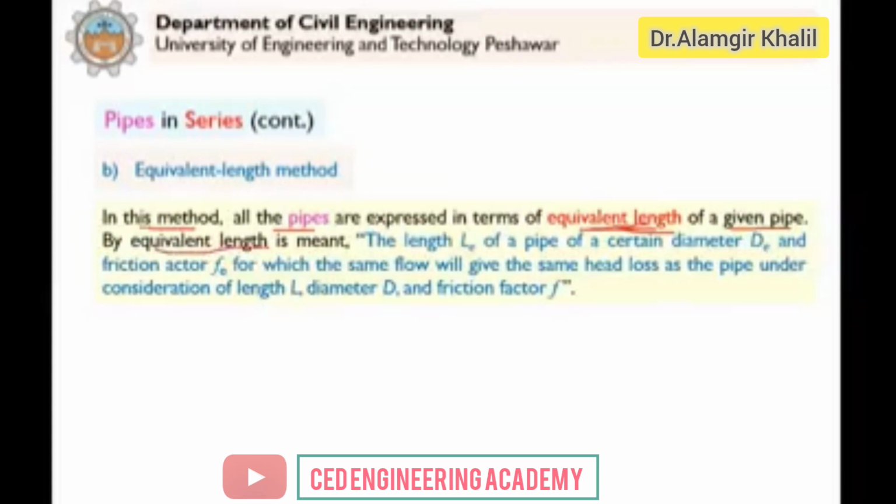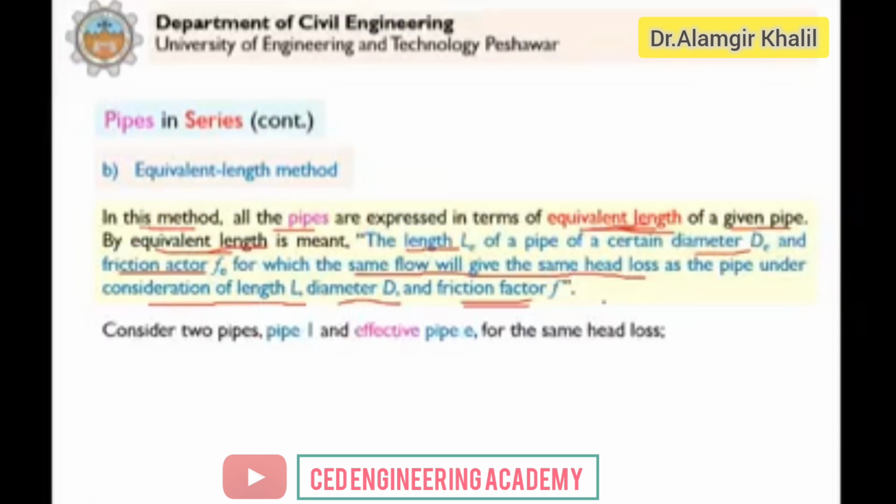By equivalent length, what we mean is the length LE of a pipe of certain diameter DE and friction factor FE for which the same flow will give the same head loss as the pipe under consideration of length L, diameter D and friction factor F. For example, to understand this, we consider two pipes.